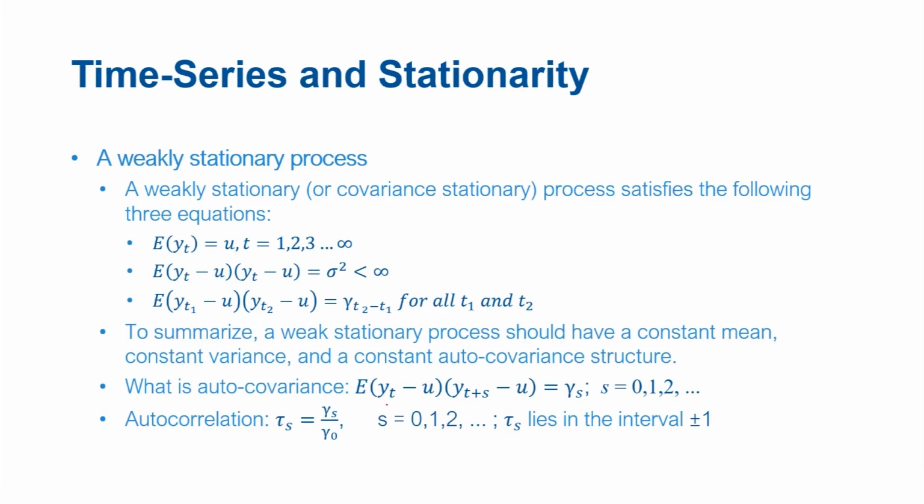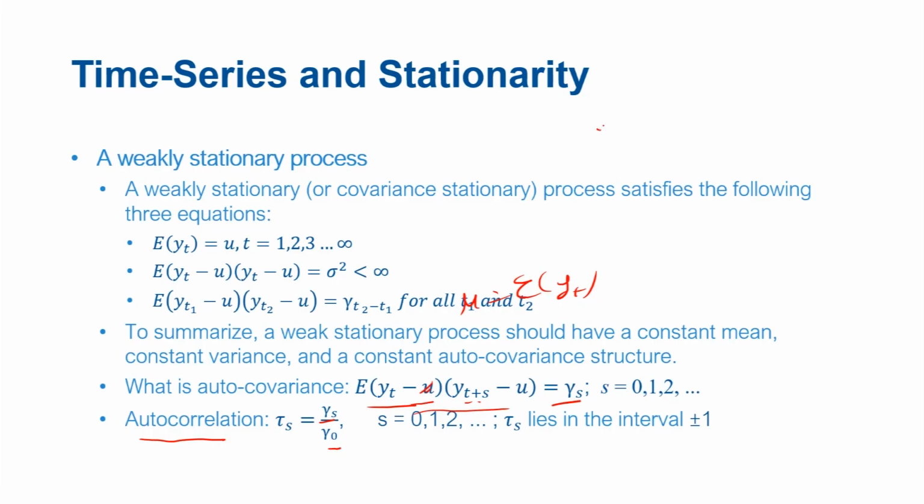We also noted that it is difficult to make a lot of use of the autocovariance, which is this expression: expectation of yt minus mu, where mu is nothing but the expected value of yt itself, times yt plus s minus mu. Because of scale issues, this autocovariance is slightly difficult to understand, and therefore we compute something called autocorrelation by dividing this autocovariance by the variance term. What is variance?